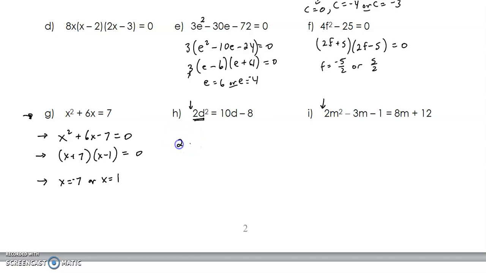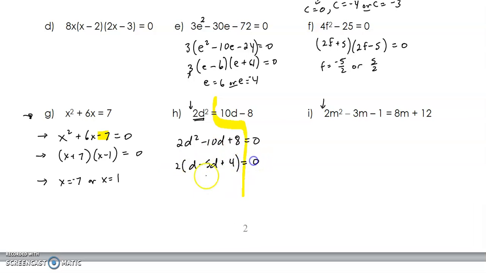Okay, so this would turn into 2d squared minus 10d plus 8 equals 0, and you're supposed to keep the equal signs lined up, and that's not so clear in this question. Remember that anything that crosses over the equal sign, just like in that previous question, the -7 went to the other side, is going to have the opposite sign. And you would take out the GCF and then factor to find out your two solutions.